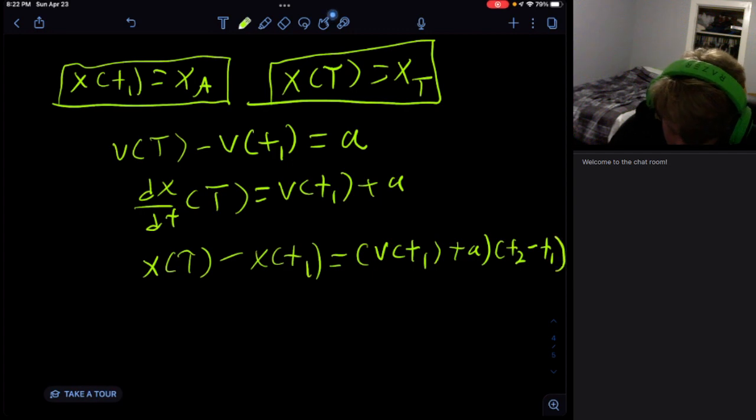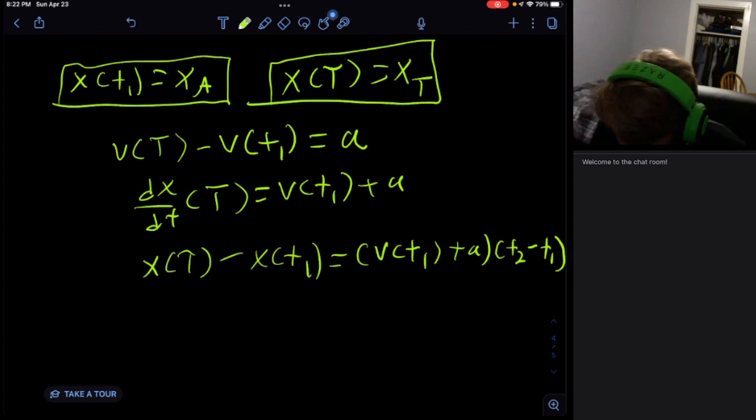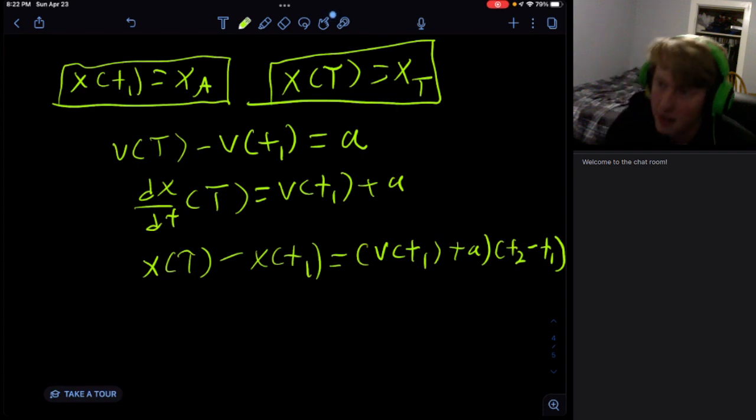All right, and so here is basically our final, oh yeah, a is not acceleration, by the way. That's just a constant. Yeah, so we've got our velocity function.